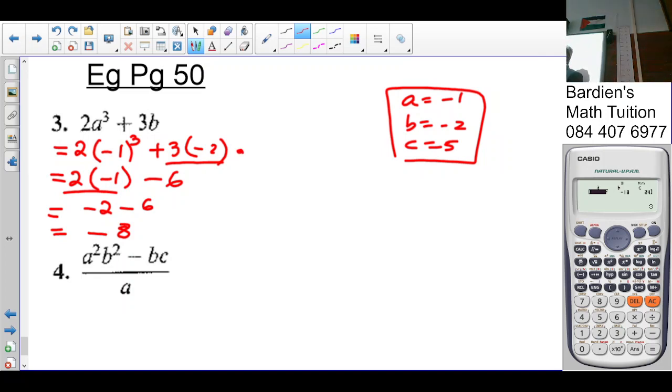What do you have? I have positive 2 minus 1. I did the first part right, and then the second line is wrong. So what do you have in your second line? Positive 2 times 8.